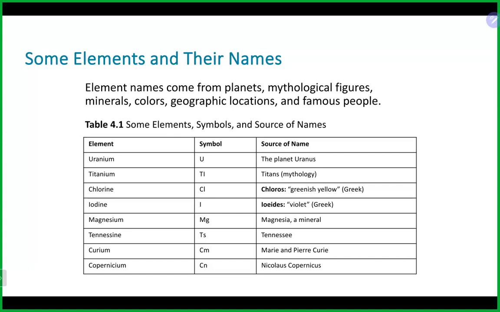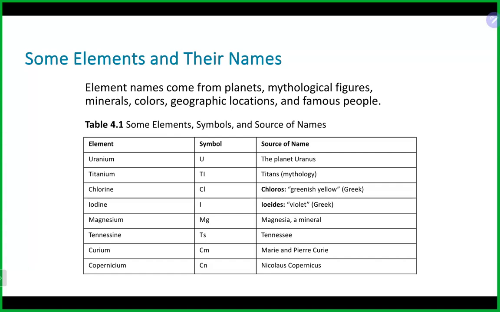We also get names after people, like francium and berkelium and nobelium. The good news is those are usually at the bottom. Those are all man-made elements towards the bottom row.